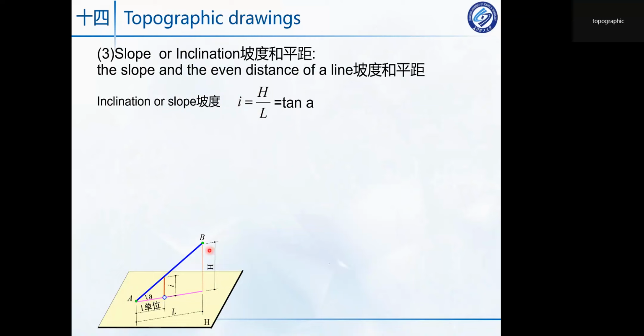Now if the h is much bigger and the L stays the same, then the i is bigger.